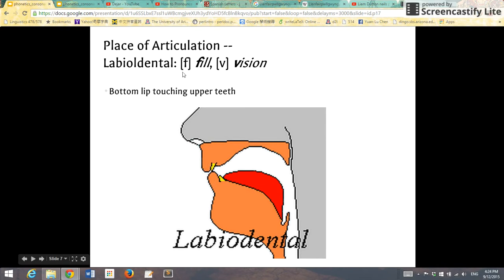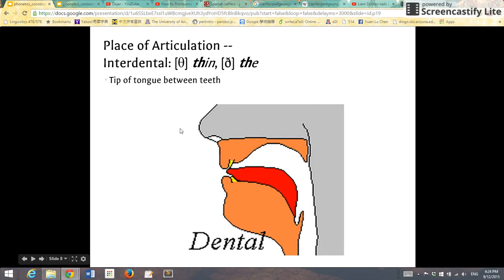Then we have feel and vision. Labial means lips, right? And dental means teeth, labiodental. And then we have interdental, tip of tongue between teeth. Okay. Another place of articulation. Okay, dental sound. I have two examples.